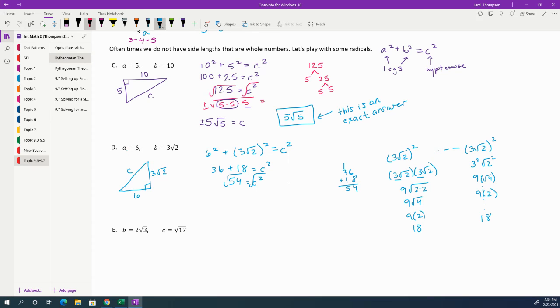54 is not a perfect square, so I'll have to do the factor tree again. 2 goes into 54 27 times. 27 breaks down to 3 times 3 times 3. So I have 3 times 3 times 3 times 2.